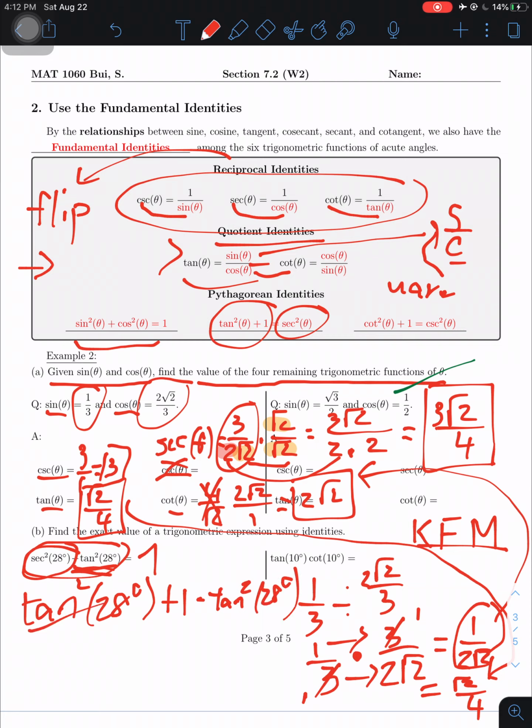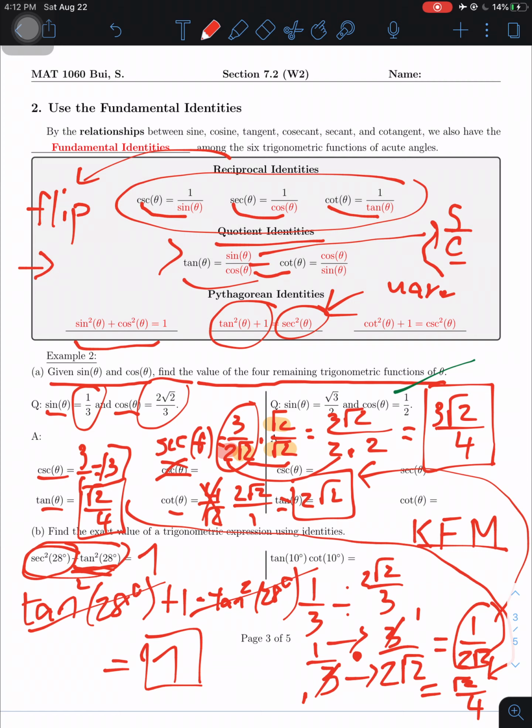And now this cancels out with that, and the final answer is again 1. Okay, so you have two ways to do this. One is to manipulate the formula to become whatever the problem looks like. The second way is by using substitution. Whichever way you feel more comfortable with, do it.